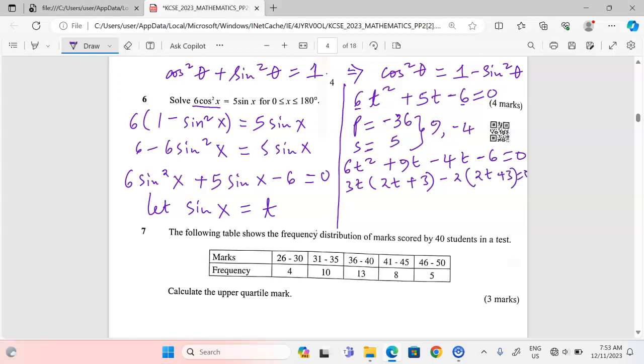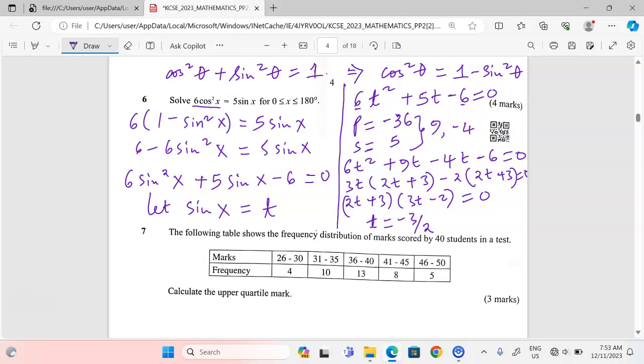So we have 2t plus 3, then 3t minus 2 equals 0. When we use the first factor, 2t plus 3 equals 0, the value of t will become negative 3 out of 2.